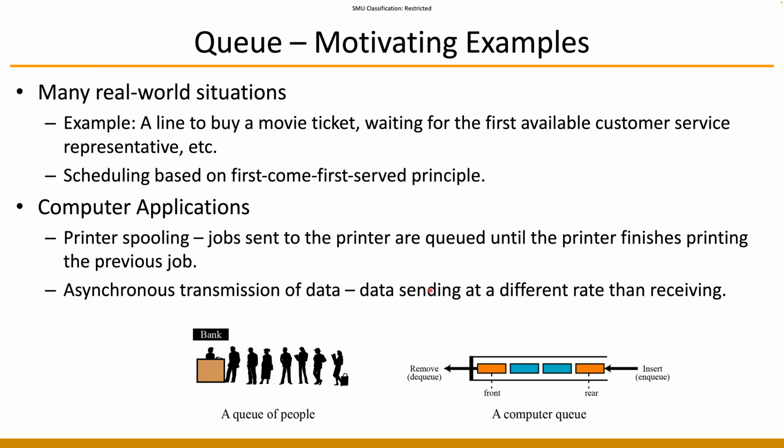The job is inserted into this pool, and depending on the arrival time, the job will be processed in sequence. That is essentially a queue designated for printer scheduling. And of course, if you send data, that's also basically a kind of queue.